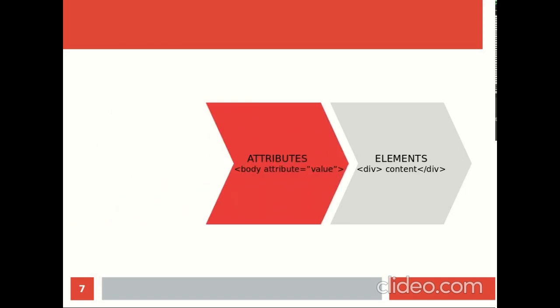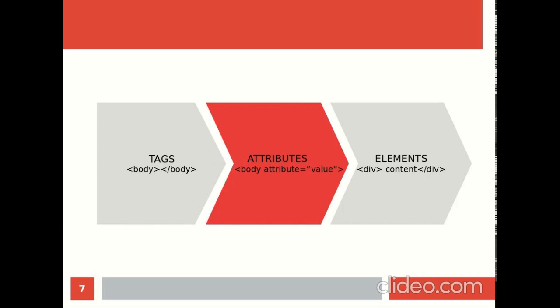Just for the summary, to clear the confusion, I am revising again what we have learned previously in this video. So what are elements? The content between two tags. Attributes: the attribute equals to value, or something similar to it, within the opening tag is called attributes.